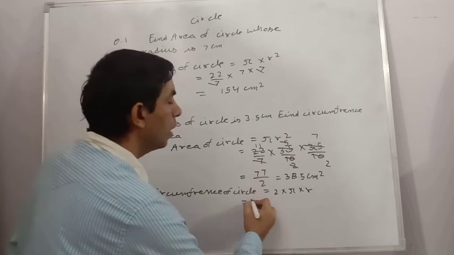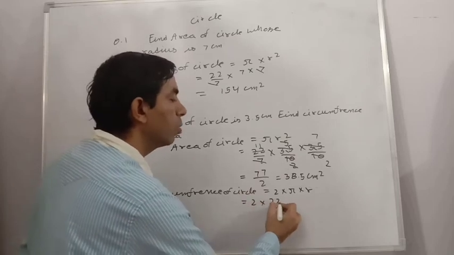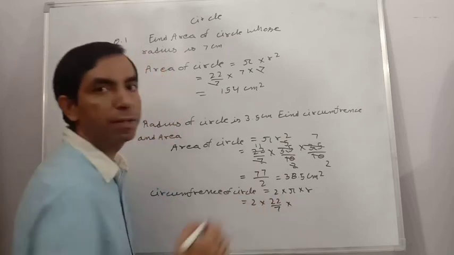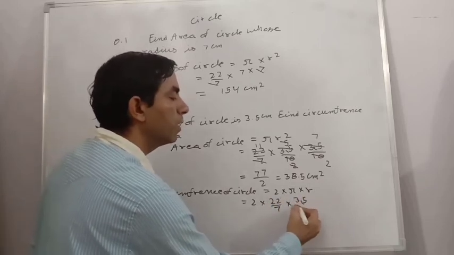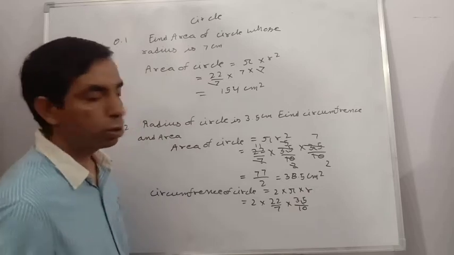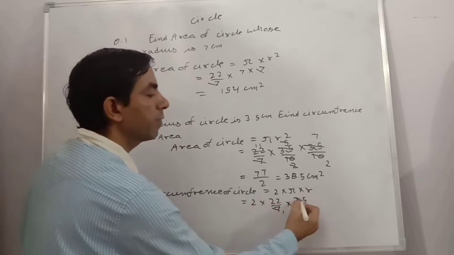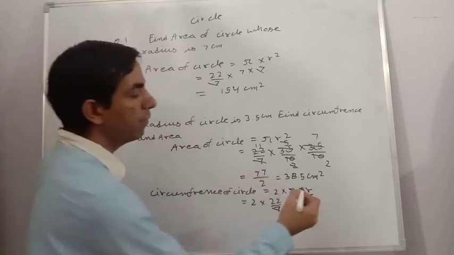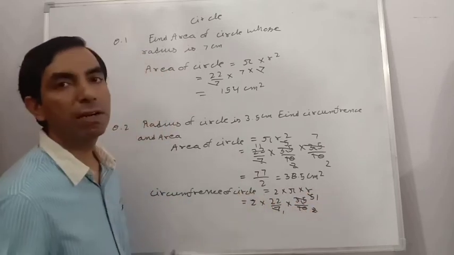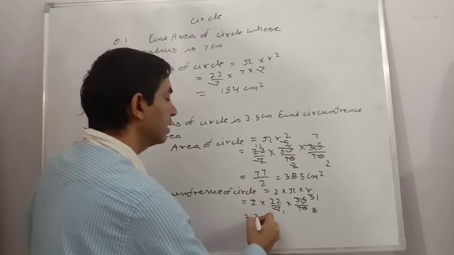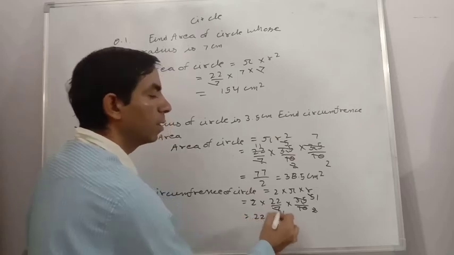So 2 as it is, pi is 22 upon 7, multiply 3.5, remove the decimal, upon 10. So cross out: 7 1 is 7, 7 5 is 35, 5 1 is 5, 5 2 is 10, 2 cancel by 2, then we get only 22. So our answer is 22 centimeter.